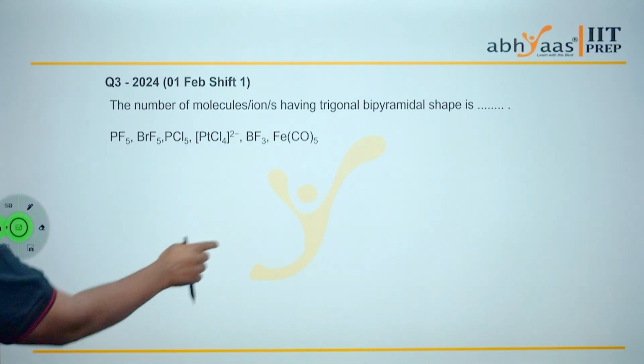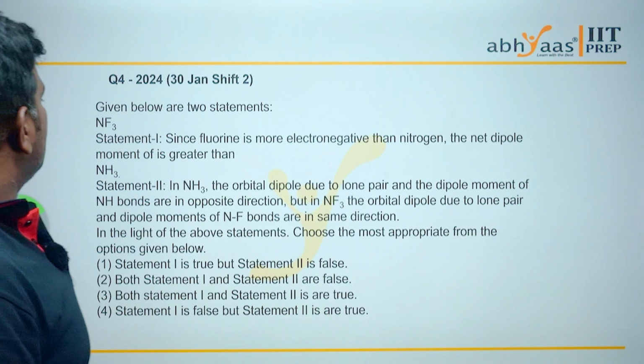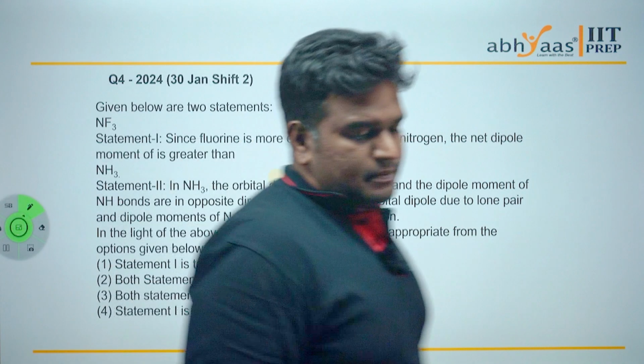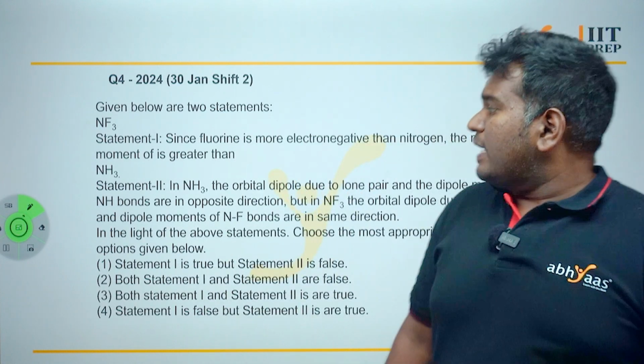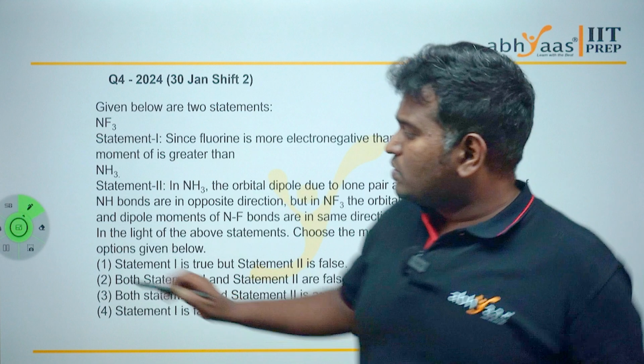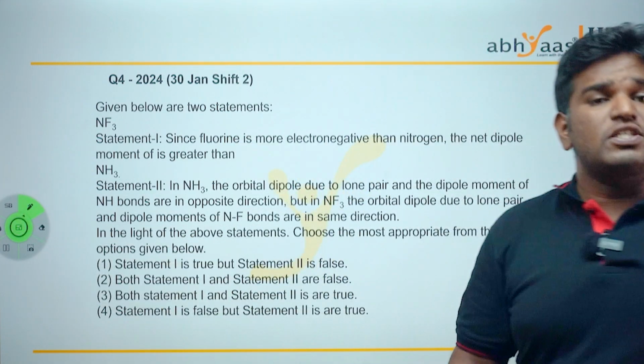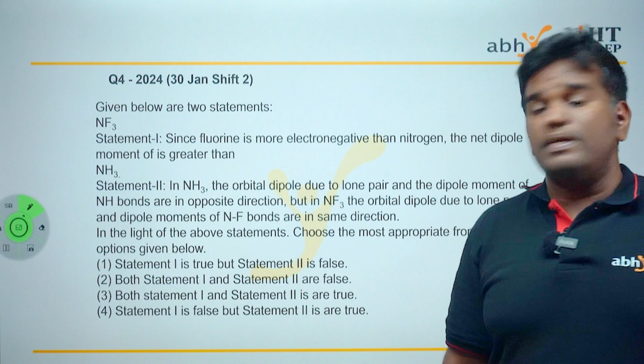Now the next question, it is related to the dipole moment. So we have NF3 and NH3, right? First of all, going to the question, we will see how the structure of NF3 and NH3 is and how their dipole moment is.